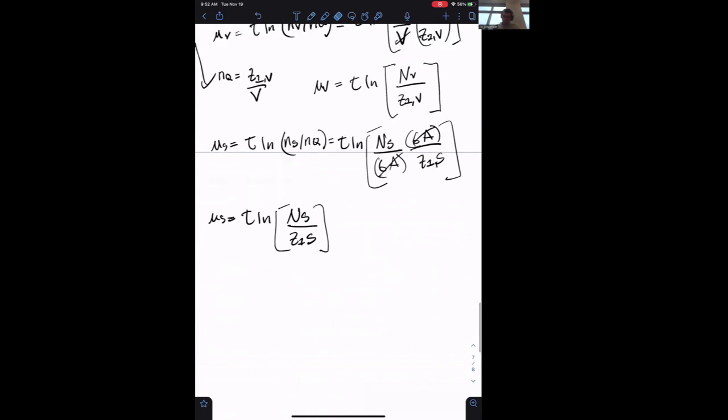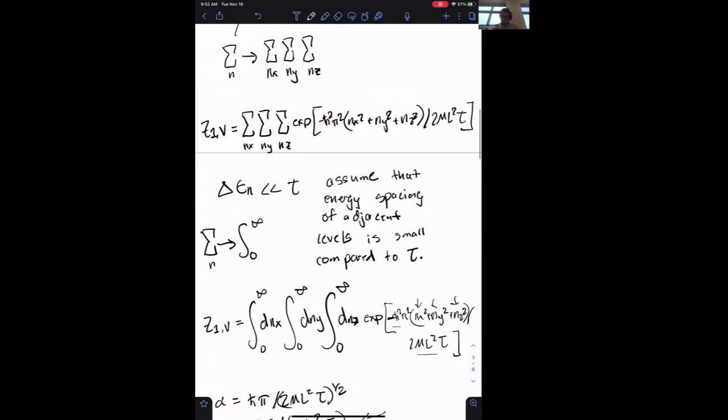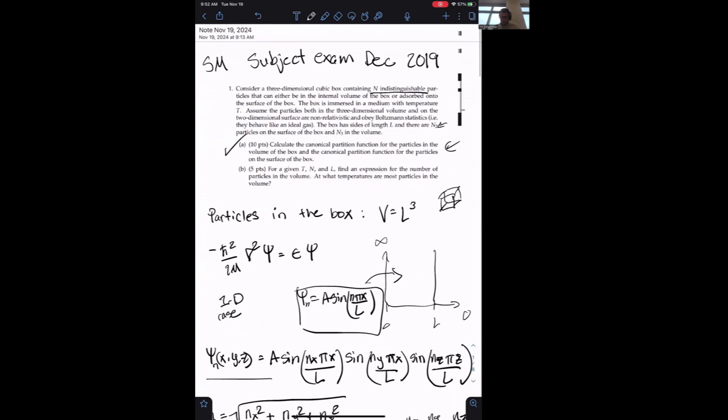What that means in terms of these two equations is that the chemical potential in the volume is equal to the chemical potential on the surface. And that's because of thermodynamics. So that's how we're going to relate the number of particles in the volume to T, N, and L.